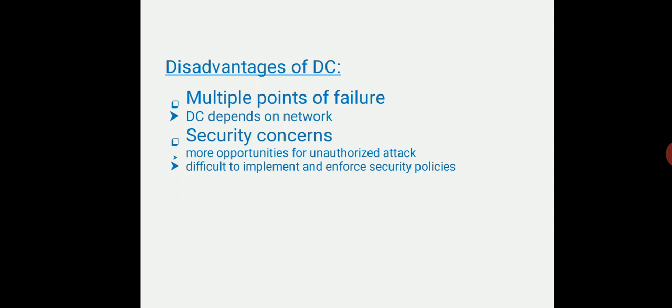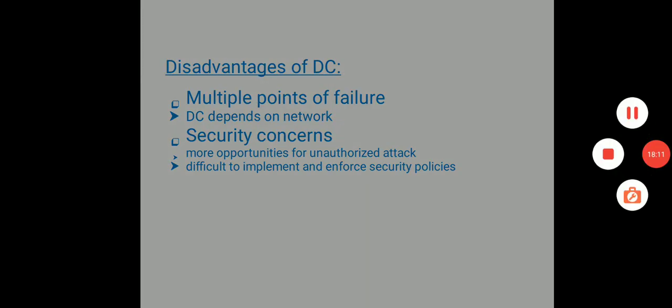One mainframe is there, it is centralized, and some other devices are connected to the mainframe. It is easy to enforce security in monolithic or centralized systems. But in distributed or decentralized systems, computers are interconnected, and it is difficult to implement and enforce security policies, and it is very prone to virus attacks. So these are the disadvantages of distributed computing.